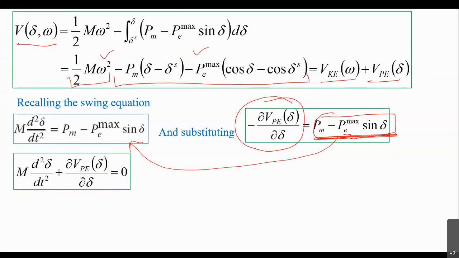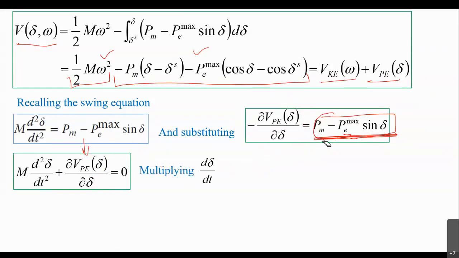So therefore I can write this equation as M d square delta by dt square plus the partial derivative of the potential energy with respect to delta, that is equal to 0. Let us multiply this equation with d delta by dt.